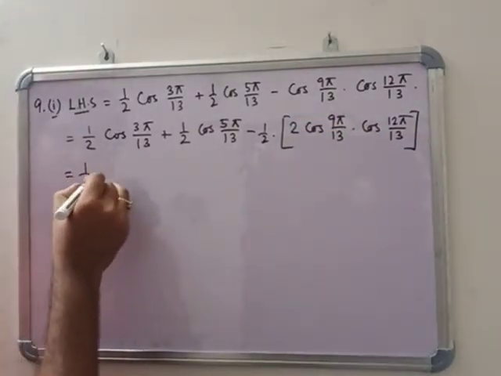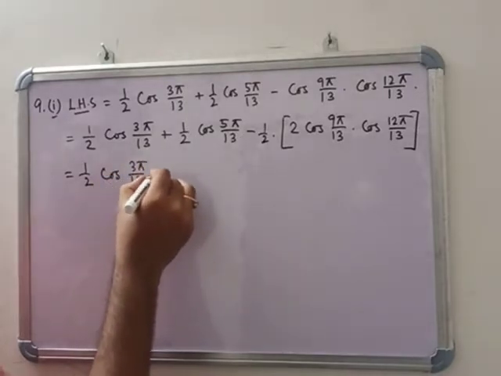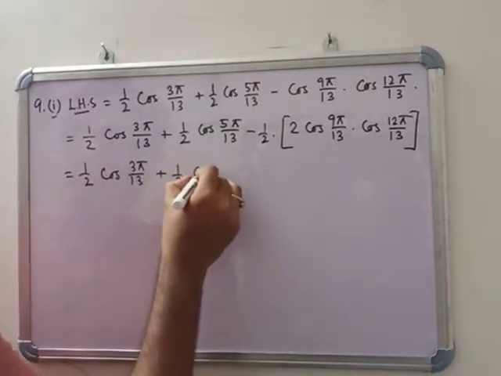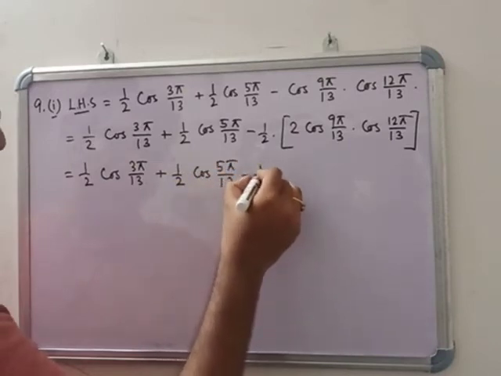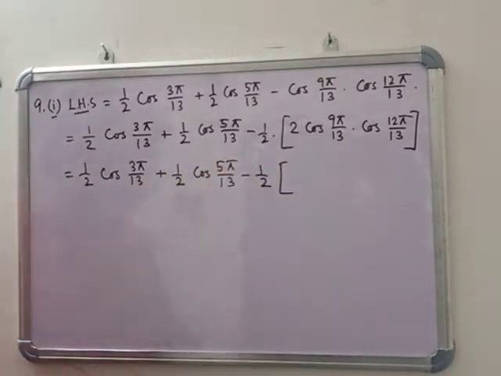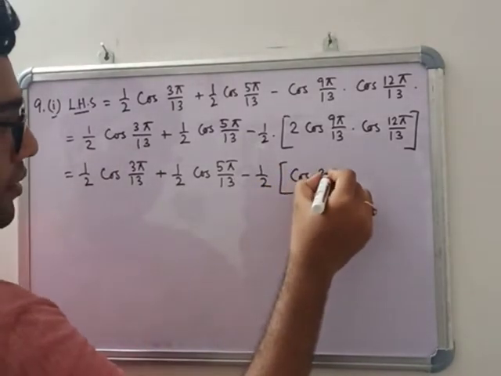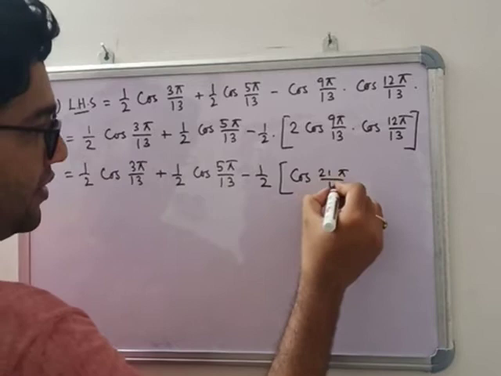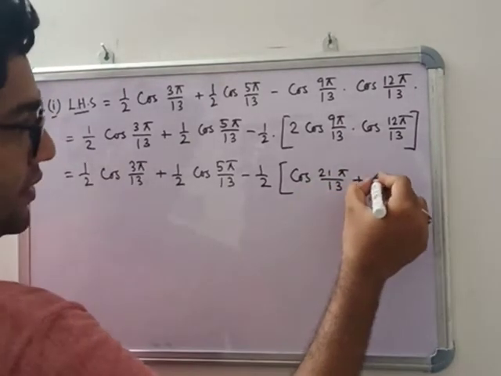So that means half cos 3 pi by 13 plus 1 by 2 cos 5 pi by 13 minus 1 by 2 cos 21 pi by 13 plus cos 3 pi by 13.